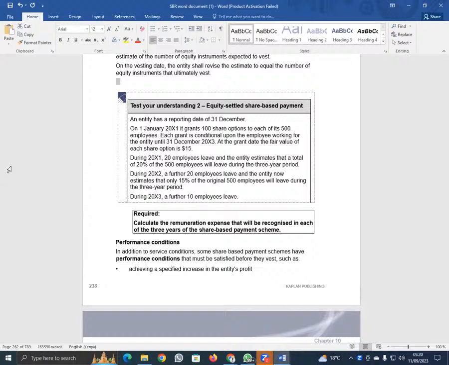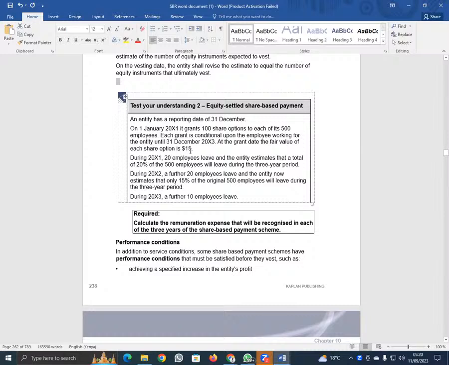And if it's an equity settled share-based payment, then, ladies and gentlemen, what I will have to look at is the fair value as at the date we are granting them this promise. We are told here that at the grant date, the fair value of the option is 15. This is so important.